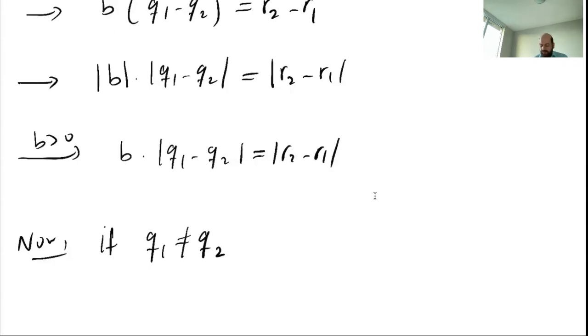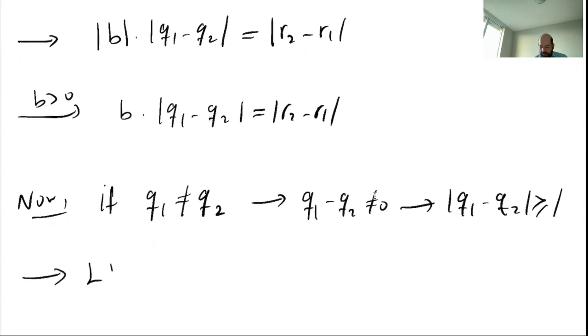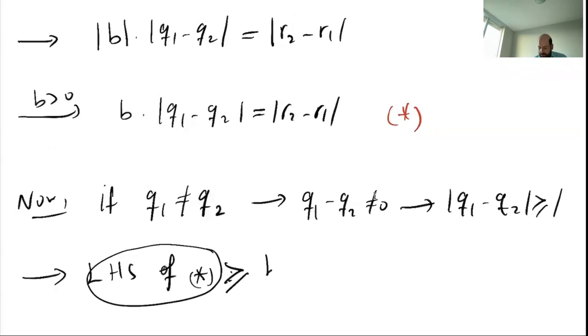So if Q1 is not equal to Q2, then Q1 minus Q2 will be not equal to 0, and therefore the absolute value of Q1 minus Q2 will be bigger than or equal to 1. Therefore, B times that, so let me call this one star, the left-hand side of star will be bigger than or equal to B.